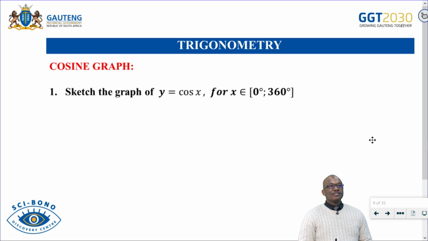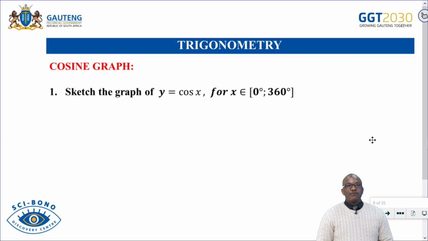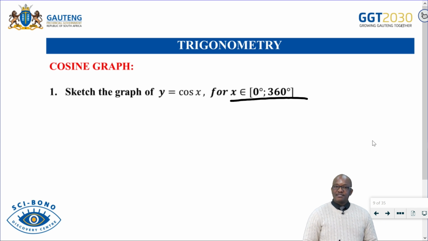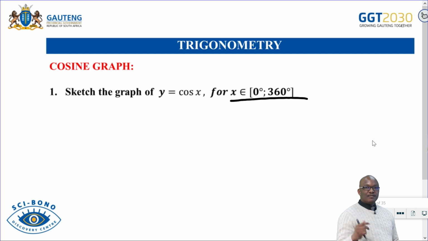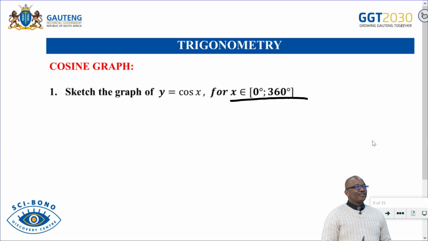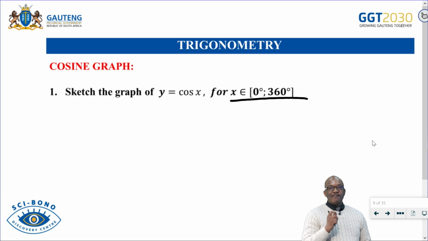With cos, the question says, sketch the graph of y is equal to cos x for x an element of 0 to 360. That is mainly your domain. Remember, domain is where the graph is defined, so they are telling you that your graph must be defined from 0 to 360.